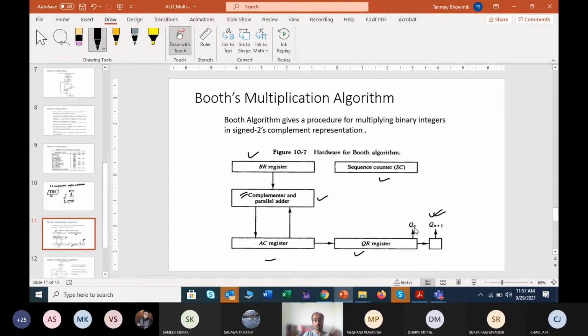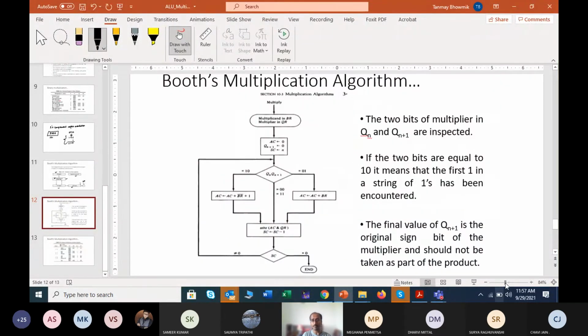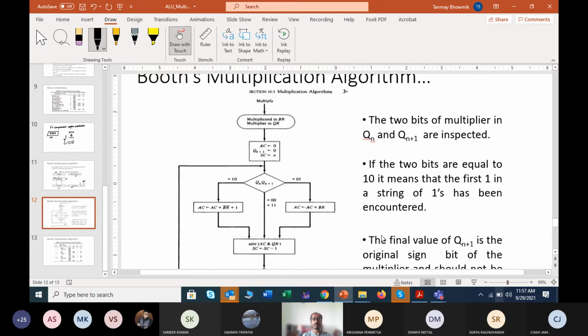So the whole operation has been represented in this flowchart. If you see, you will observe that again we are starting from the same zone, that you are storing your multiplicand in BR and multiplier in QR. I think now it is a little bit clear. Initially it was not so clear. So initially you are storing the multiplicand in BR and the multiplier in QR, right?